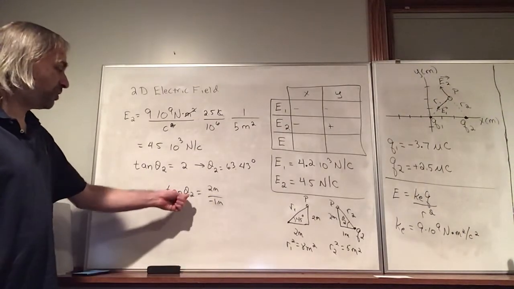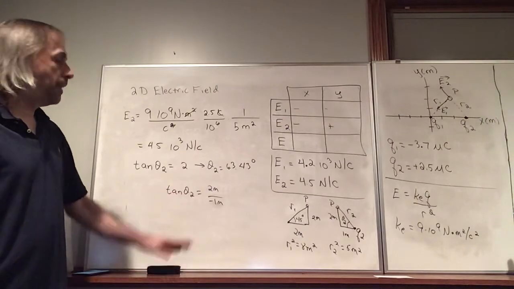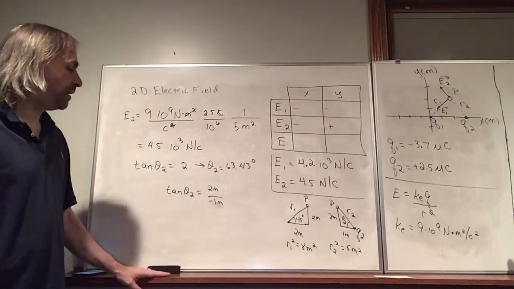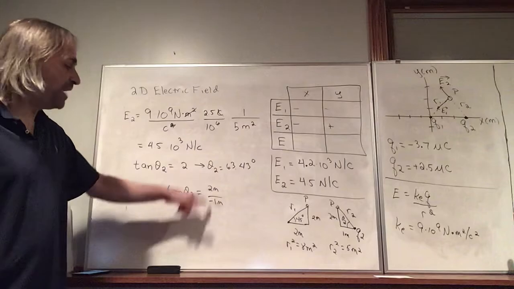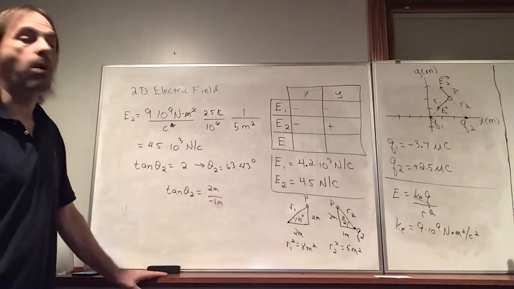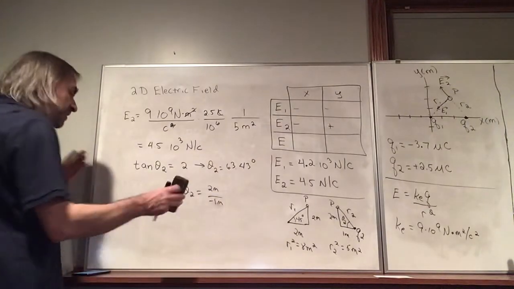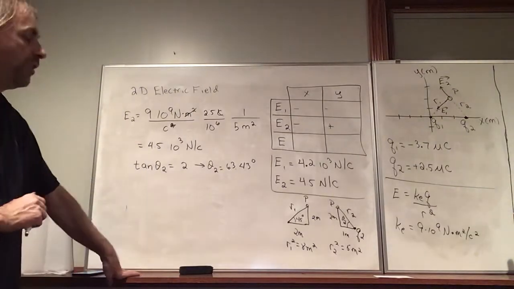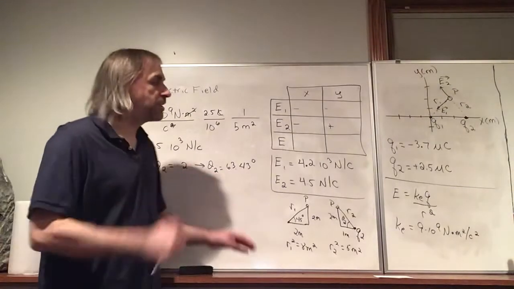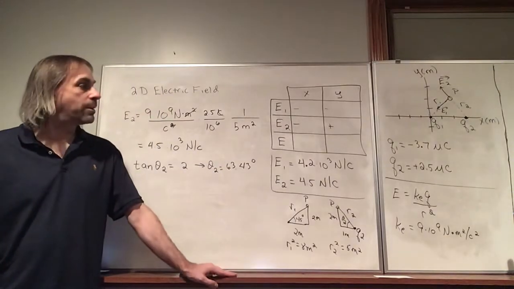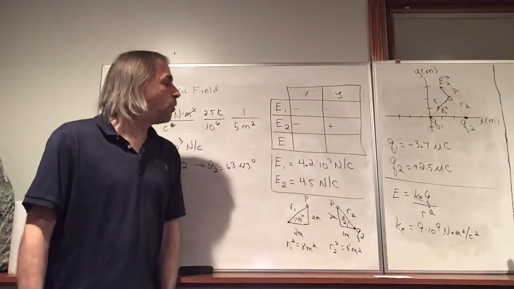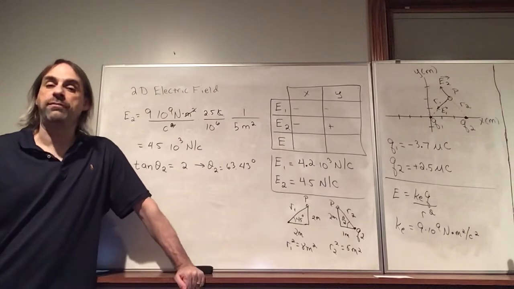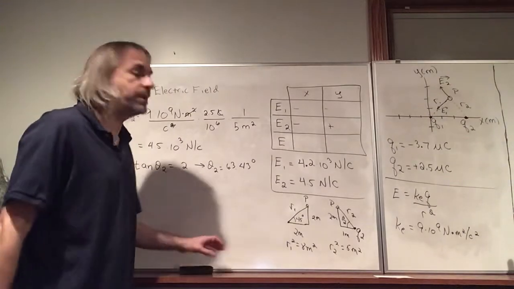That's because there are two angles that would give us this ratio of 2 to 1. So always be careful when dealing with inverse trig functions. In this case, we're just dealing with magnitudes, so we're not going to run into any problems. We already know what direction the components of the electric field are pointing.